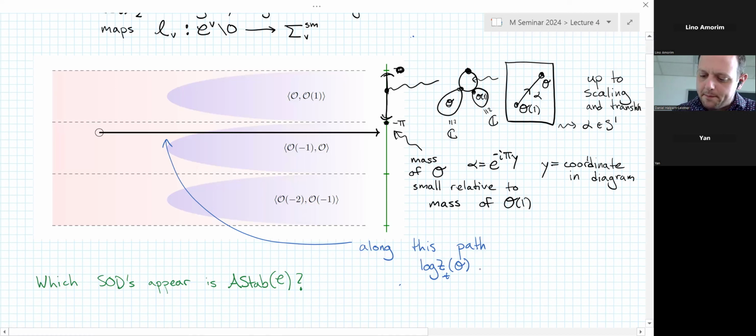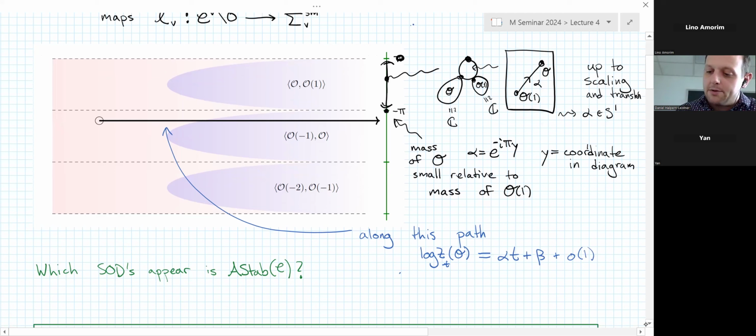this looks like alpha t plus some constant beta plus o(1). So basically the log central charge of the two stable objects, maybe it's better to call this beta_1 t plus beta_0, and the log central charge of O(1).